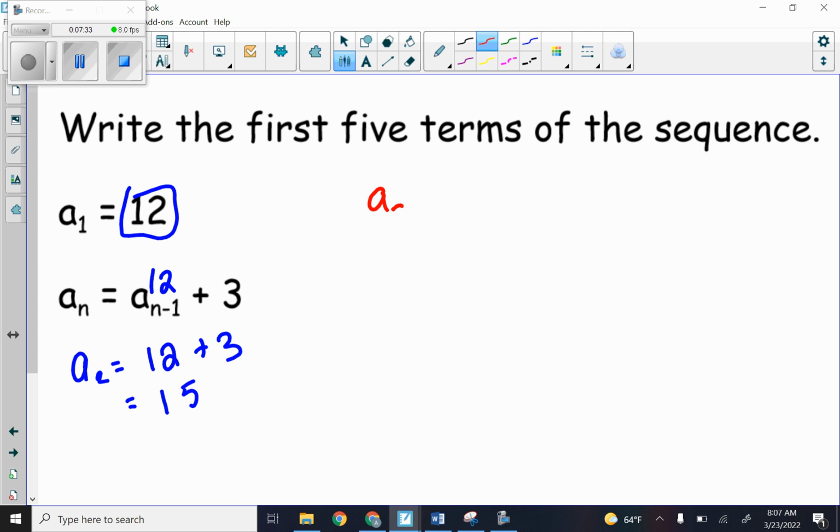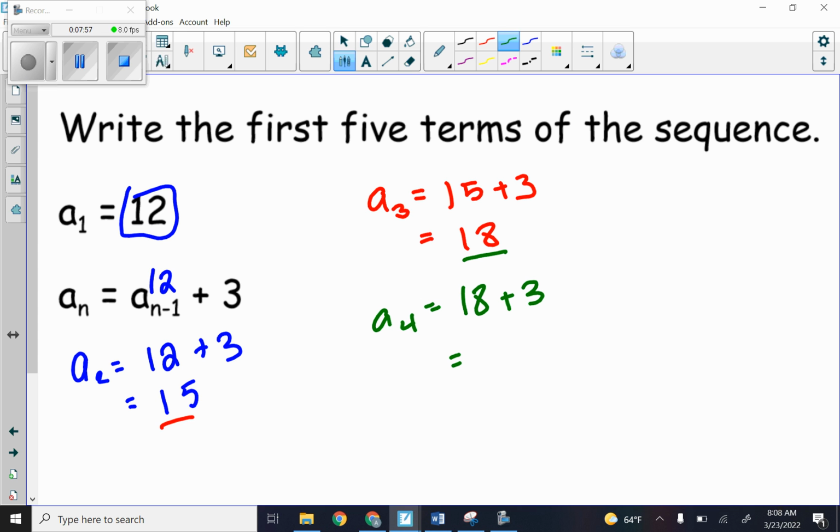Then a sub 3, now we take that 15, because it's our previous term, plus the common difference. 15 plus 3, 18. A sub 4, taking that previous term, 18 plus 3, that equals 21.